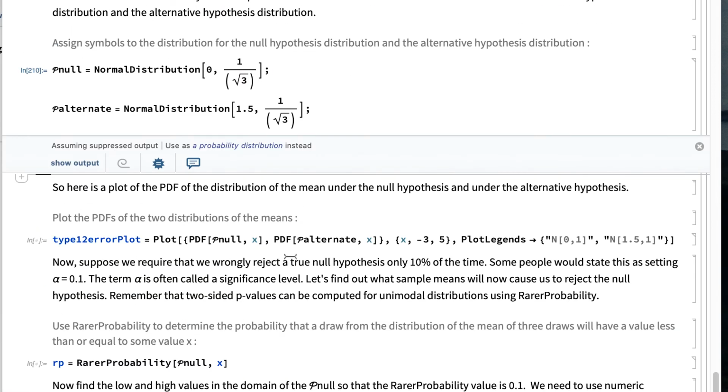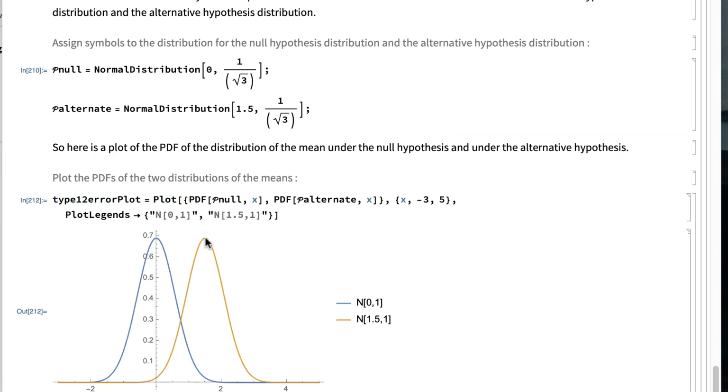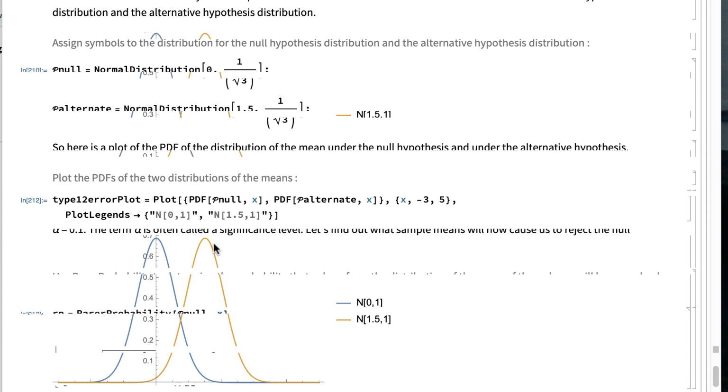So if I plot the PDFs here, we can see that the blue curve represents the distribution of the mean of 3 numbers drawn from N(0,1), and the orangey curve represents the distribution of the mean of 3 numbers drawn from N(1.5,1).